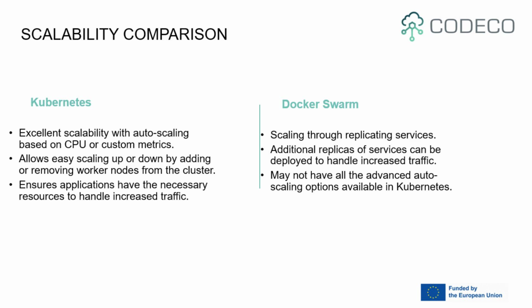Docker Swarm. Docker Swarm also offers scalability options but may not be as powerful as Kubernetes. Swarm uses a more straightforward scaling approach, where additional replicas of services can be deployed to handle increased traffic. However, it may not have all the advanced auto-scaling options available in Kubernetes.